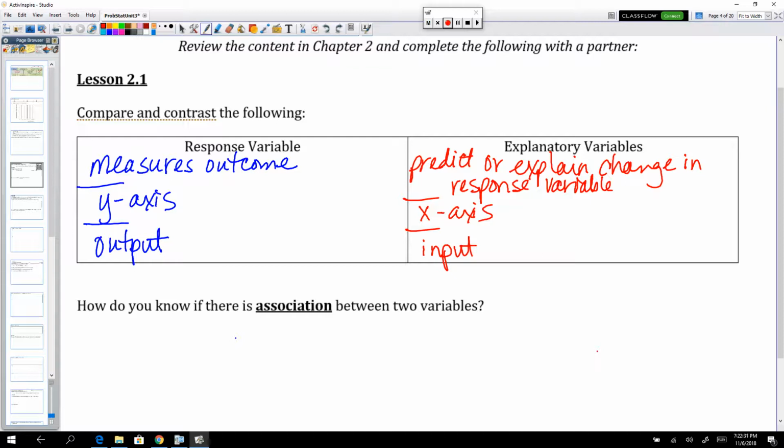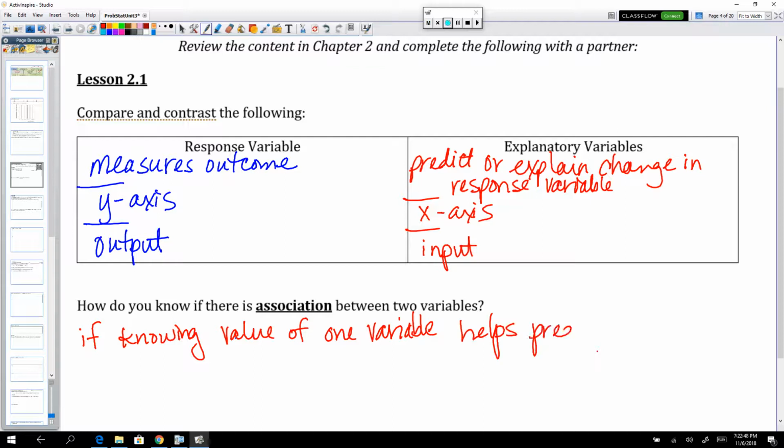So that association technically is if knowing the value of one variable helps you predict the value of the other variable. That means there's association. So if knowing the input helps you predict the output, then there's association between those 2 variables. If knowing the input doesn't really tell you anything about how the output's going to be, then there's no association between the 2 variables.